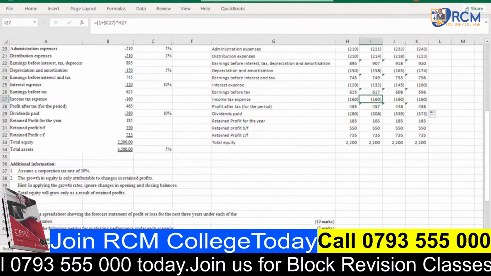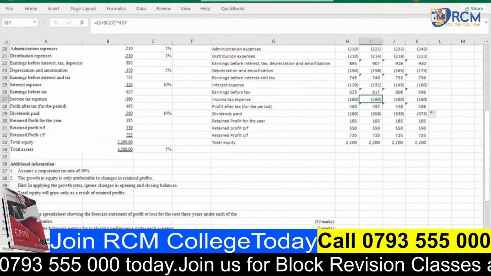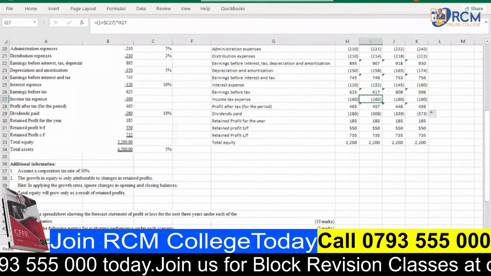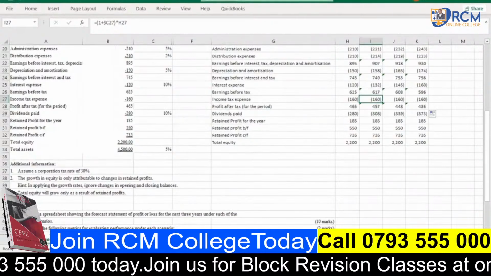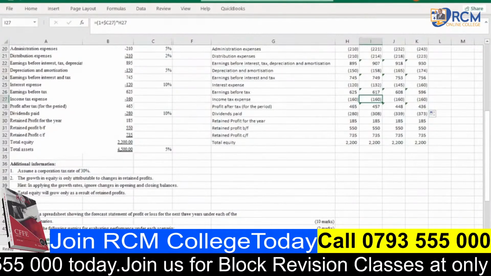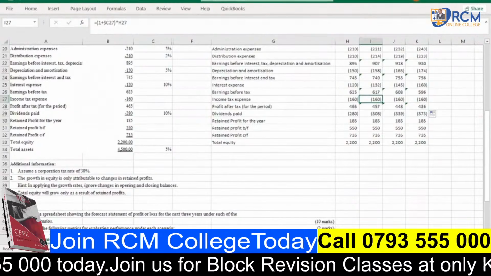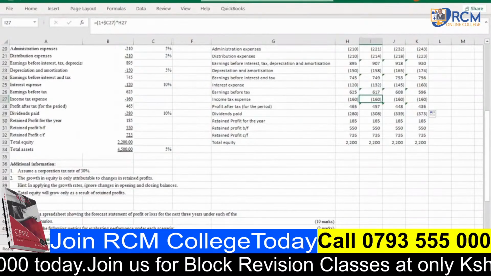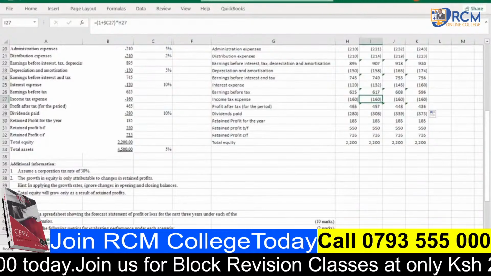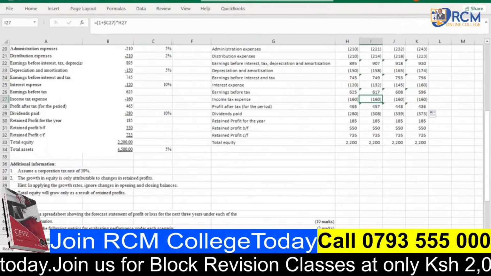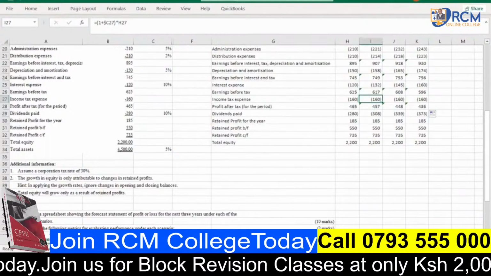Sasa nataka kuona responses from everyone. Income tax expense is given and there is no increase, so it is assumed constant. That is for 2023. Taxes is not increasing, but it is constant. Yes, the rate is constant, but the values will be different because remember it is 30% of something.